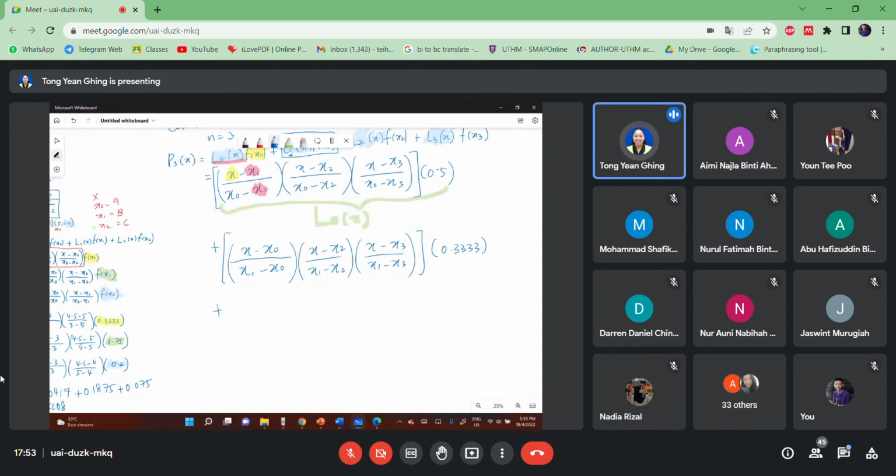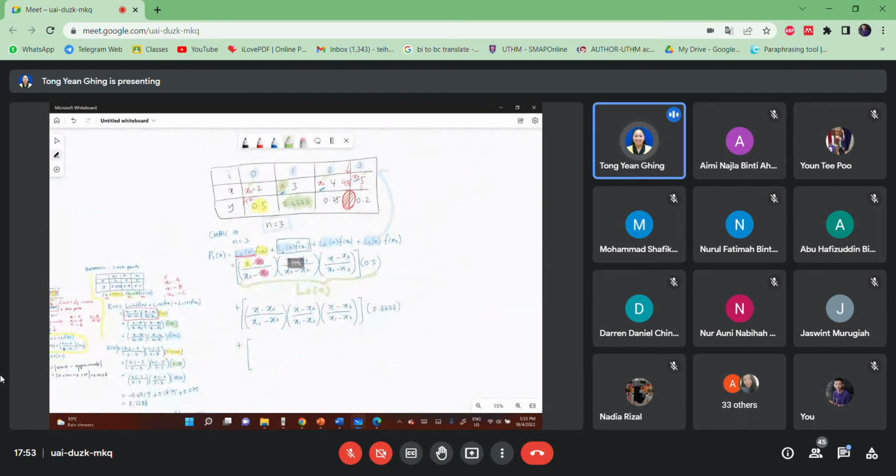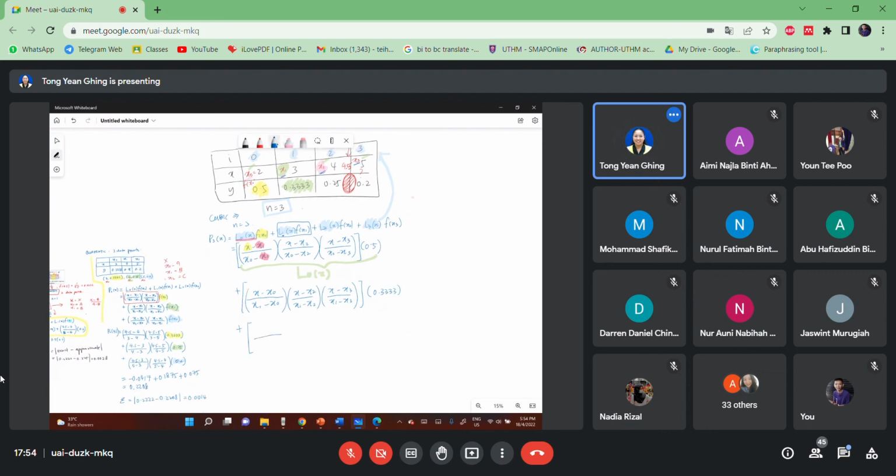And then L2(x). For L2(x), besides X2, we have X0, X1, X3. So we start with X2 minus X0, X minus X0, X2 minus X1, X minus X1, X2 minus X3, X minus X3.